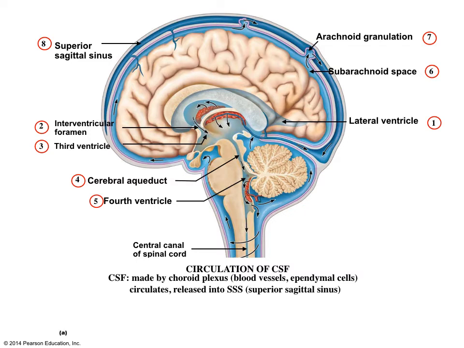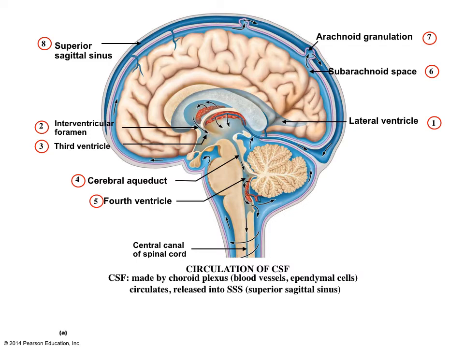Here I have numbered the different areas through which a drop of CSF would flow through. If we start with the lateral ventricle, that drop will then enter into the third ventricle through the interventricular foramen, which then connects to the fourth ventricle via the cerebral aqueduct.